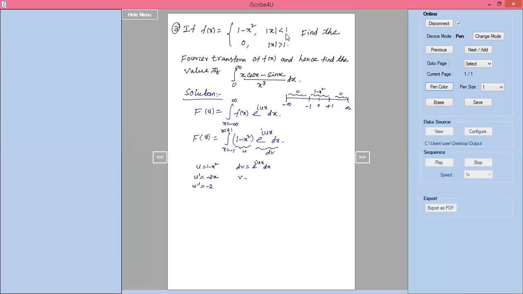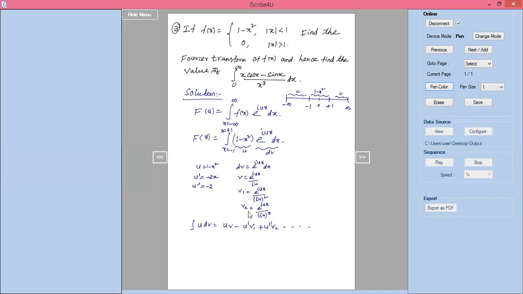Next, v is e power iux divided by iu. v1 is e power iux divided by iu whole square. v2 is e power iux divided by iu whole cube. We find up to v2 because we are finding up to u double dash. The formula for the integration of u dv is uv minus u dash v1 plus u double dash v2 and so on.